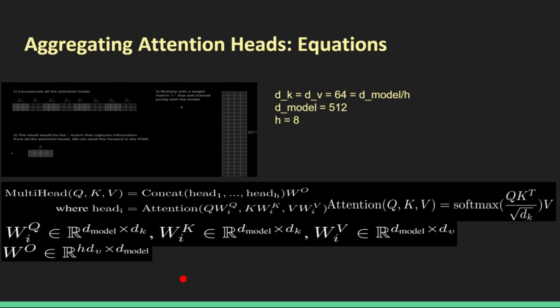So the resulting output matrix of Z vectors will be the number of items in the sequence by 512, which is the dimensionality of the model, or embedding Z dimensionality, which is 512.